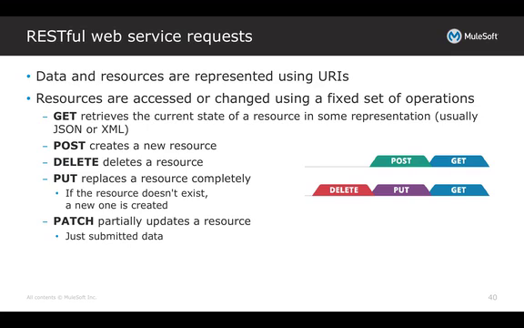Or if customers didn't already exist, but you're calling the customer's resource, it would effectively create that new customer's resource in the system. And then patch. So if you did a patch to a customer's resource, you could do partial updates to it rather than put, where you actually have to replace the entire thing.